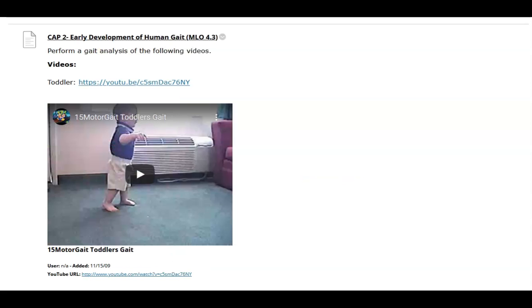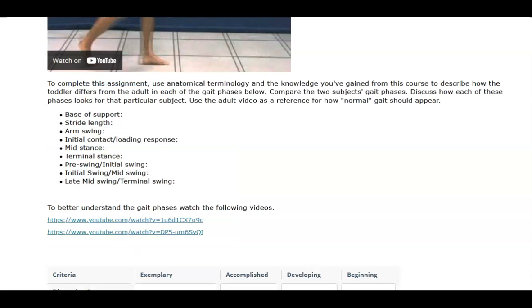Your assignment this week is a Cap 2, so you're continuing to work on your critical assignment, and you're going to be looking at gait. You're going to be analyzing two different videos of two different ages and their gait. It's going to ask you to look at the different phases of gait and analyze how these two subjects are doing in those phases.